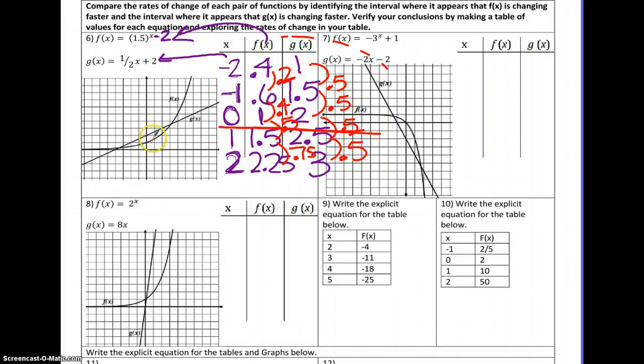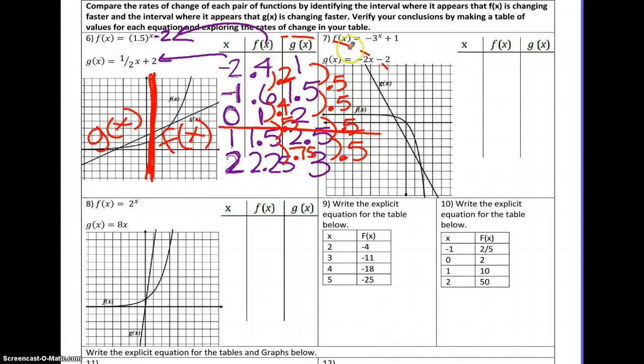And if you look on the graph, you can see that. Here's your 1, where they're the same. And if you are over in this region, do you see that that straight line has a greater rate of change, or it would be harder to climb up? So g of x is bigger over here, or has a greater rate of change, and over here f of x has a greater rate of change.